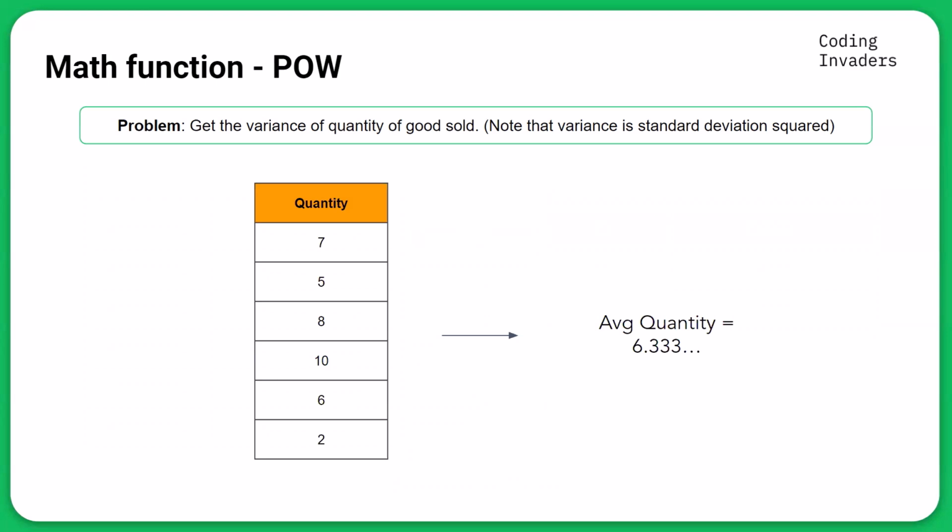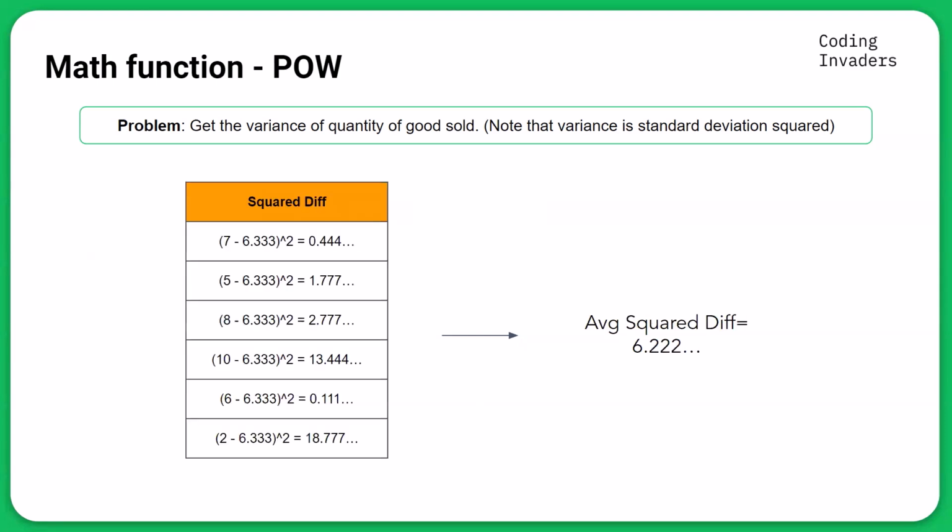Now we need to get the square difference between each quantity and the average value. So, how will this look? 7, that is the quantity value, minus the average value, to the power of 2. We are squaring it and we get that value as 0.44 in the case of the first row. In the second row, 5 is the quantity value minus the average value.